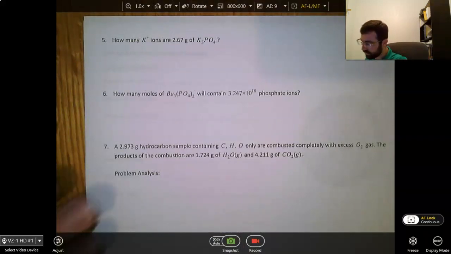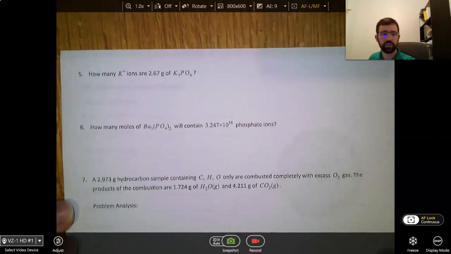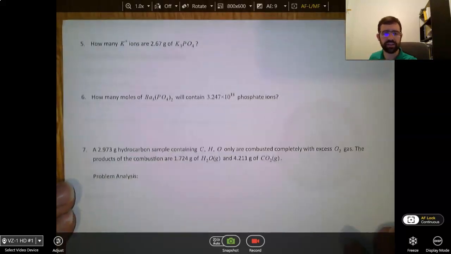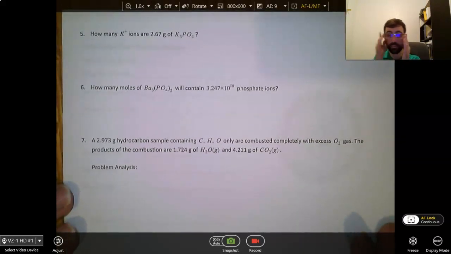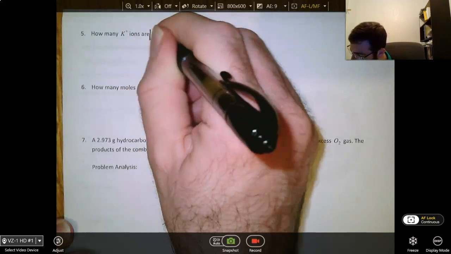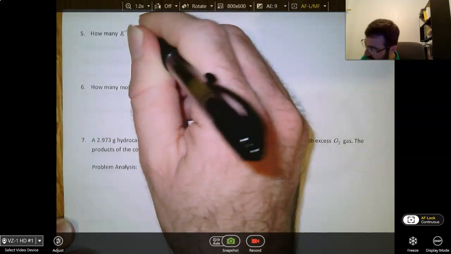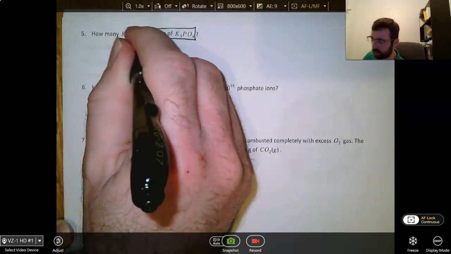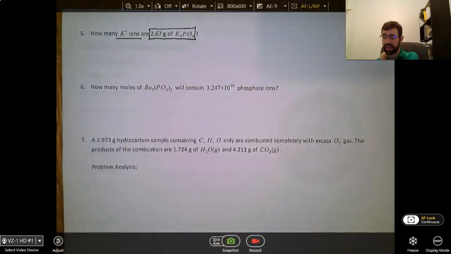Okay, how many K plus ions are in 2.67 grams of K3PO4? All right. Again, we're going to start with what we have, and don't forget to pay attention to what you're looking for. I want to find how many K ions I have. First, we need to go from grams to moles.